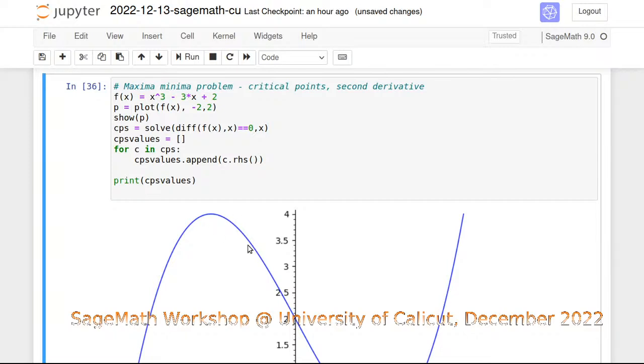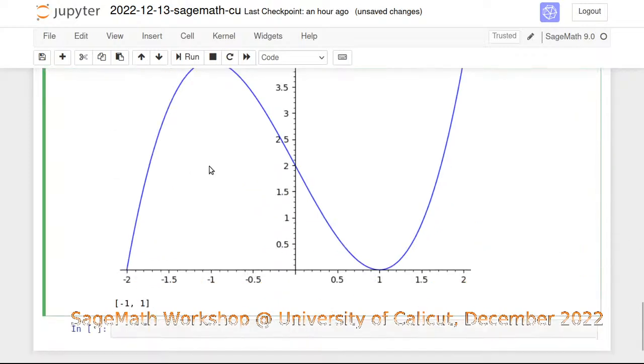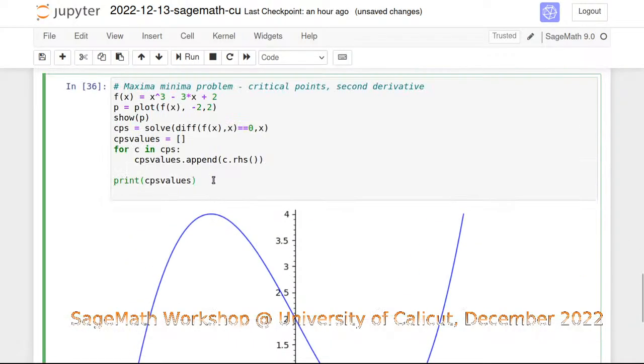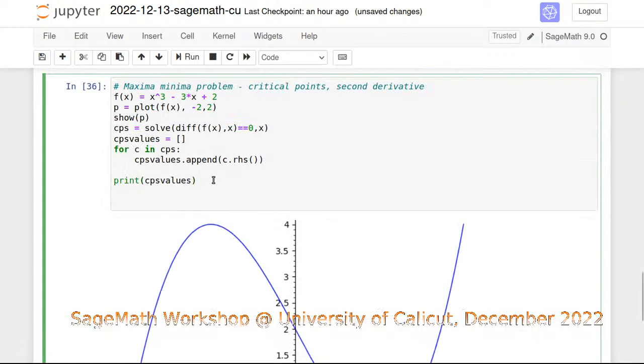Okay, now what is the next thing that we are supposed to see? At these points we need to evaluate f double dash x. Otherwise, we can also do it directly from here itself, instead of going into another loop.